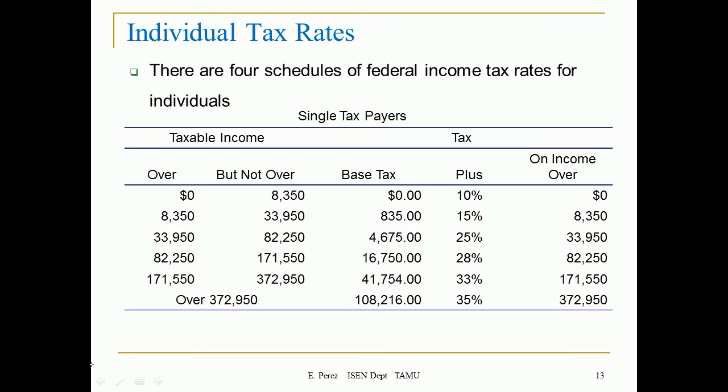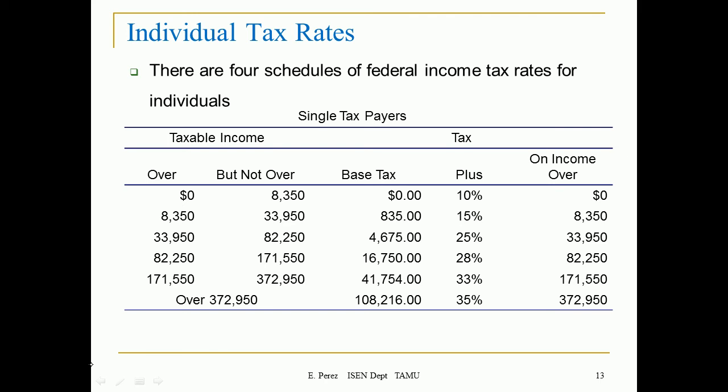So in terms of individual tax rates, there are 4 schedules or federal income tax rates for individuals. For the purpose of this lecture, we're going to focus only on 2 of them, which are the ones for single taxpayers and also for married couples taxpayers.